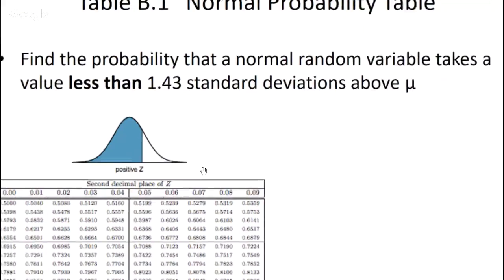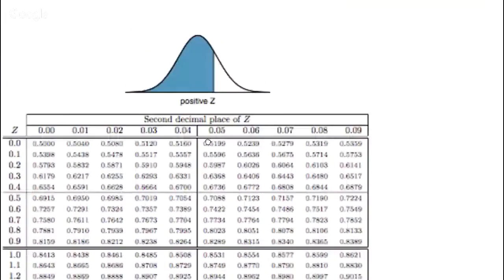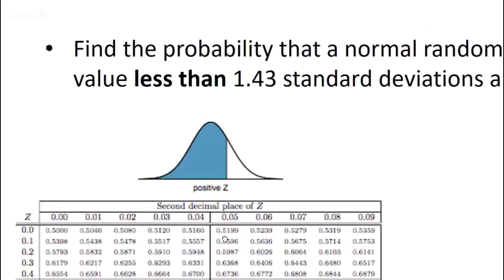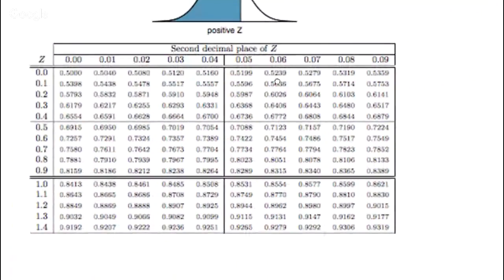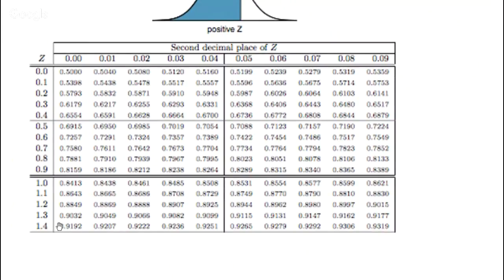So pulling out this table, 1.43 standard deviations above mu. The way the table works is in the rows, you have up to 1 decimal place, and in the columns, you have the 2nd decimal place. So to look up 1.43, we go down to 1.4, and go 0, 1, 2, 3.